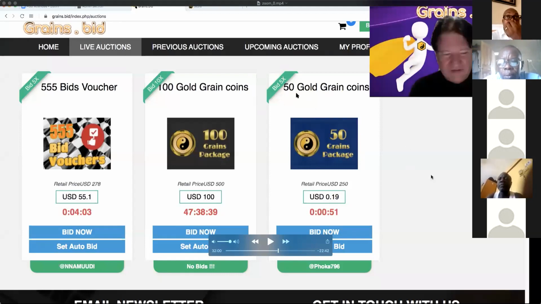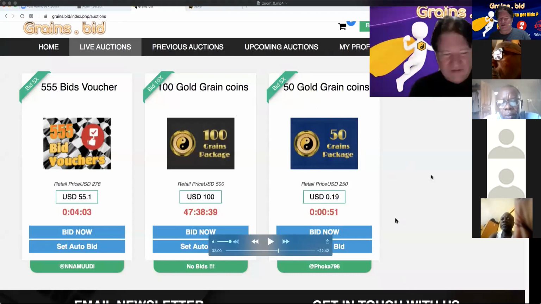Now, in the upper left-hand corner, it has bid 5x. That means if you bid, it will cost you 5 of your bids to bid. You should pay attention to this because it determines the type of auction it is. This is a 5x auction. This one is a 10x auction, and this one over here is a 5x auction.